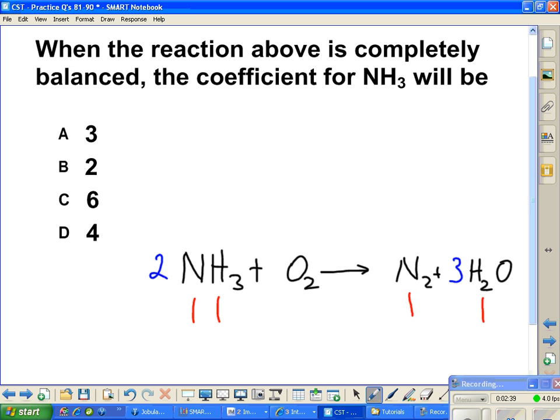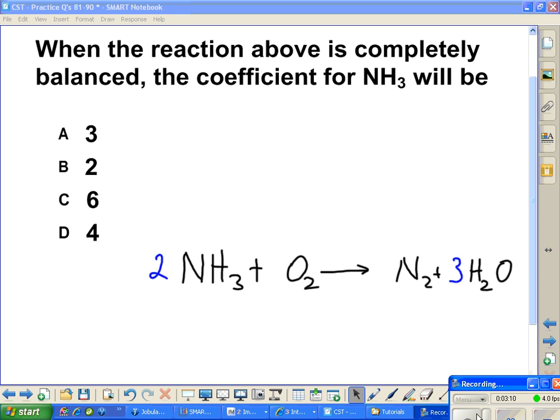And anything that we do in terms of changing coefficients, like if I doubled this 3, I would have to double the nitrogen, and I'd also have to double the ammonia. I have an issue now: I can't balance this equation unless I have an even number of oxygens, because the oxygen on the right is an even number.